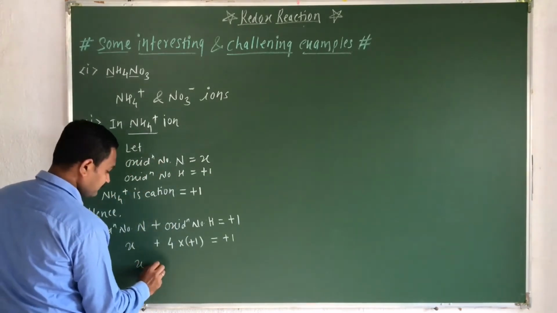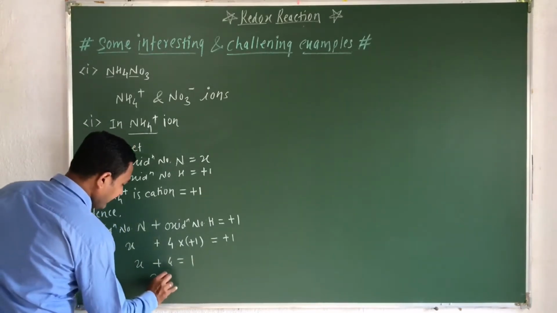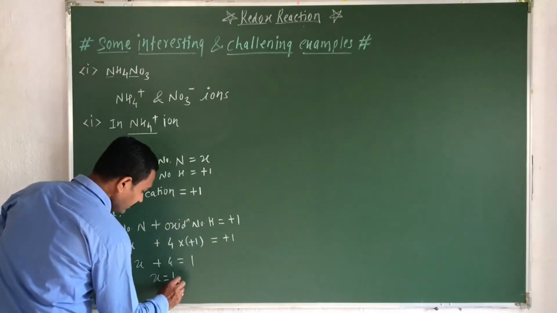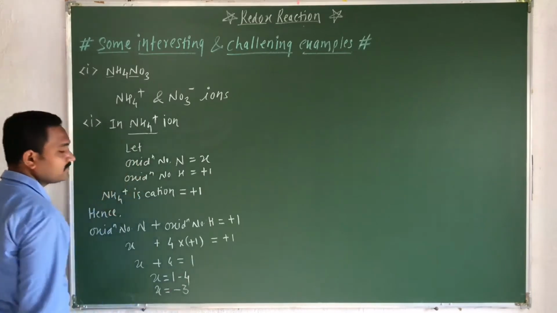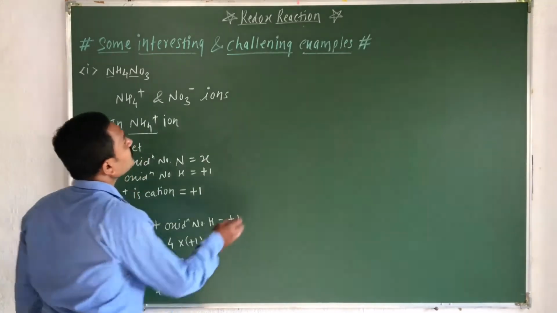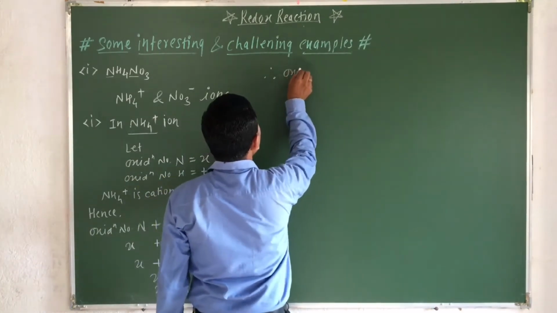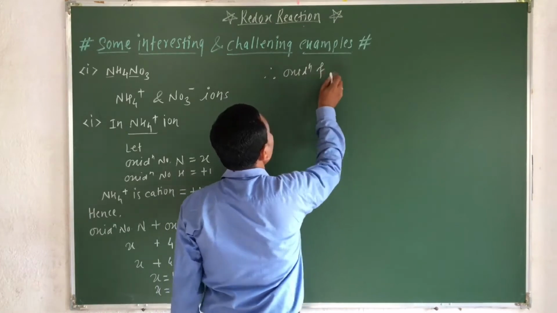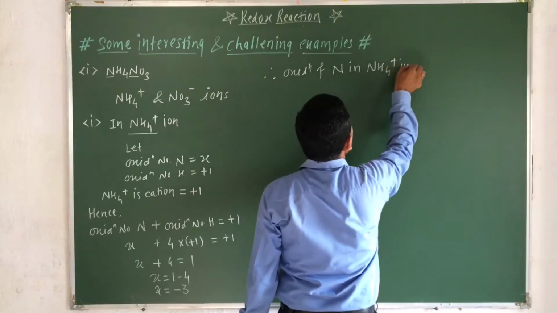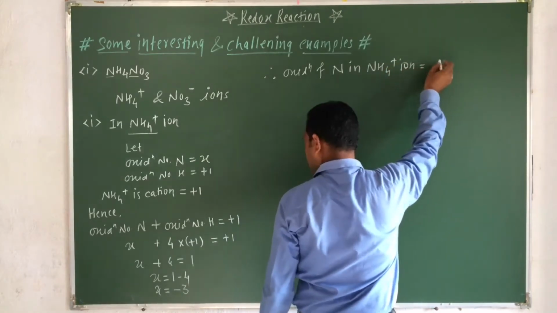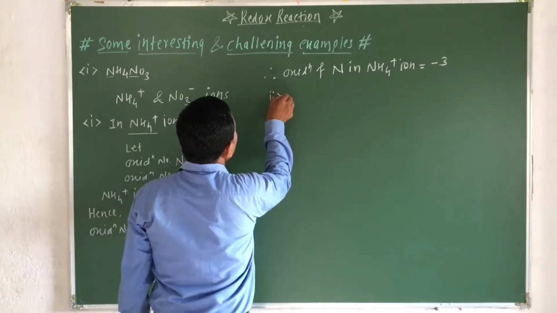Therefore X plus 4 equals 1, therefore X equals 1 minus 4, therefore X equals minus 3. Hence the oxidation number of nitrogen in the NH4 plus ion equals minus 3.